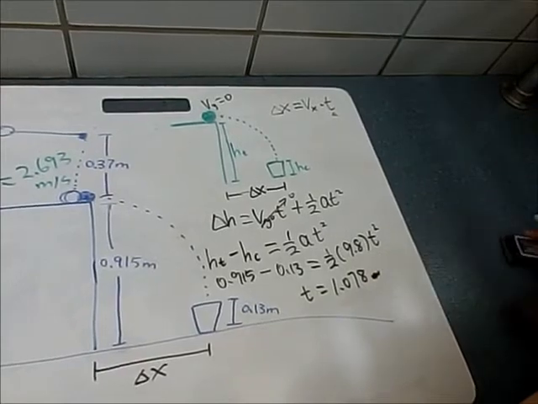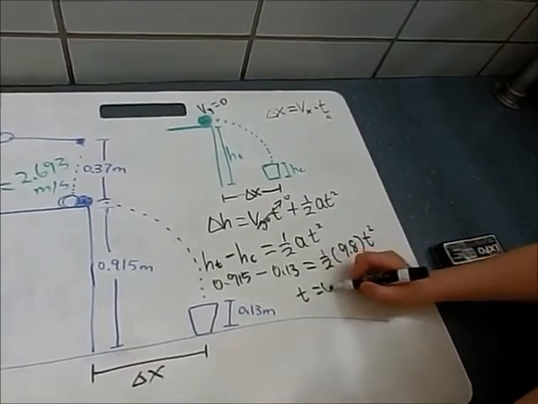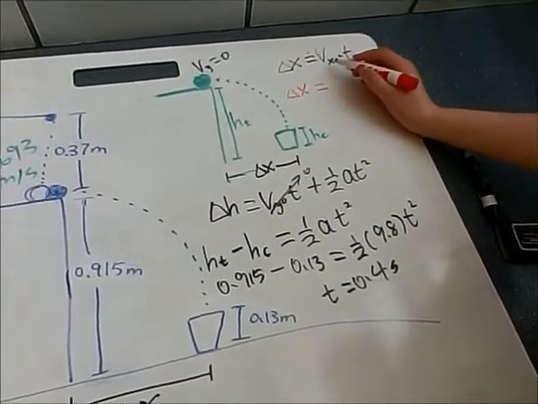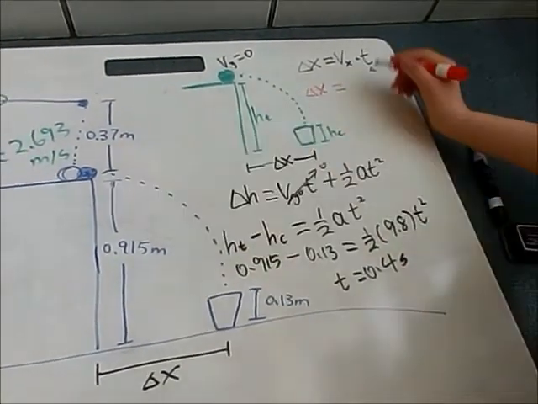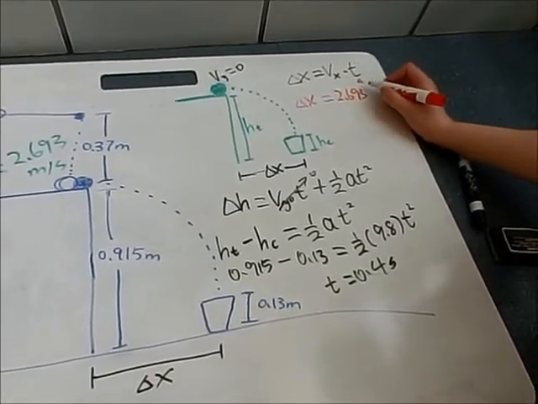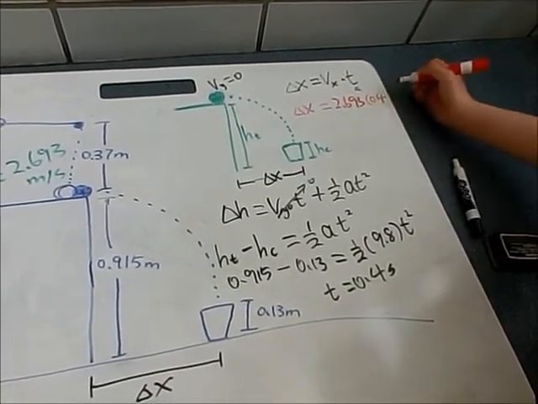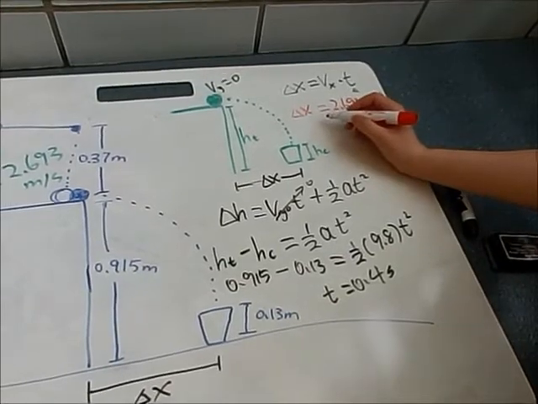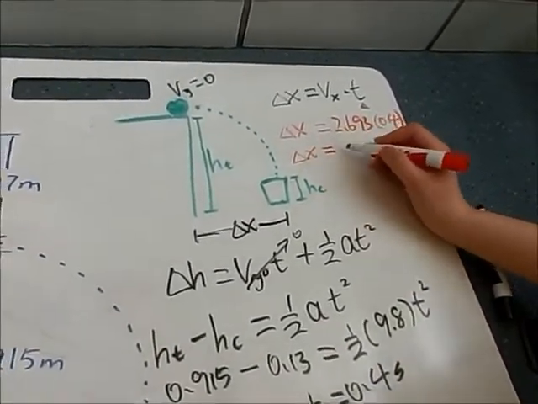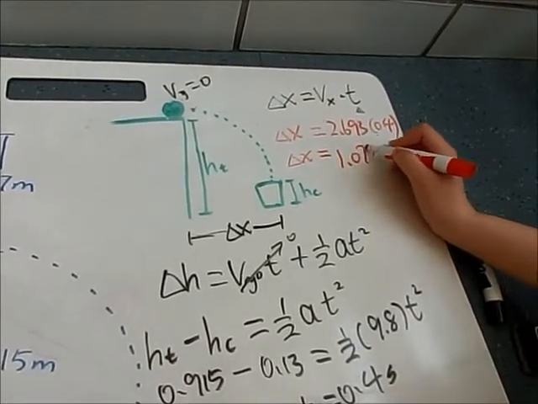Oh no, wrong. It's 0.47. Change in x equals v horizontal, which we calculated here as 2.693 meters per second, times t, 0.4 seconds. And we got the change in x equals 1.078 meters.